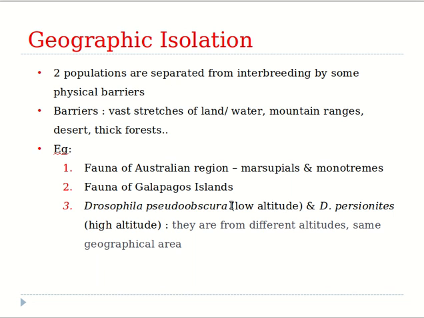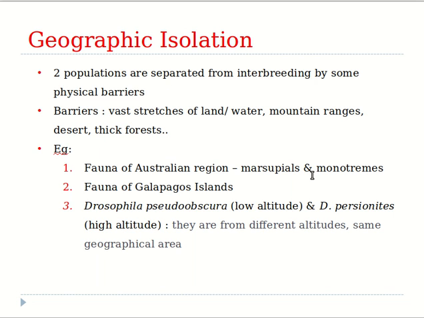Again, with respect to monotremes, the spiny anteater and duck-billed platypus are found in Australia and nowhere else in the world. But Australia has very few placental mammals, except those introduced by man. So here geographical isolation is responsible for the differential distribution of the marsupials, monotremes, and placental mammals.